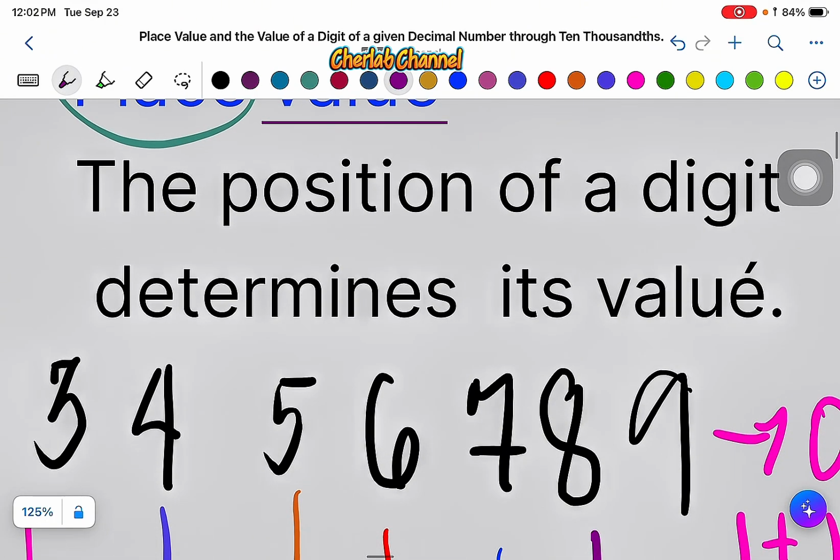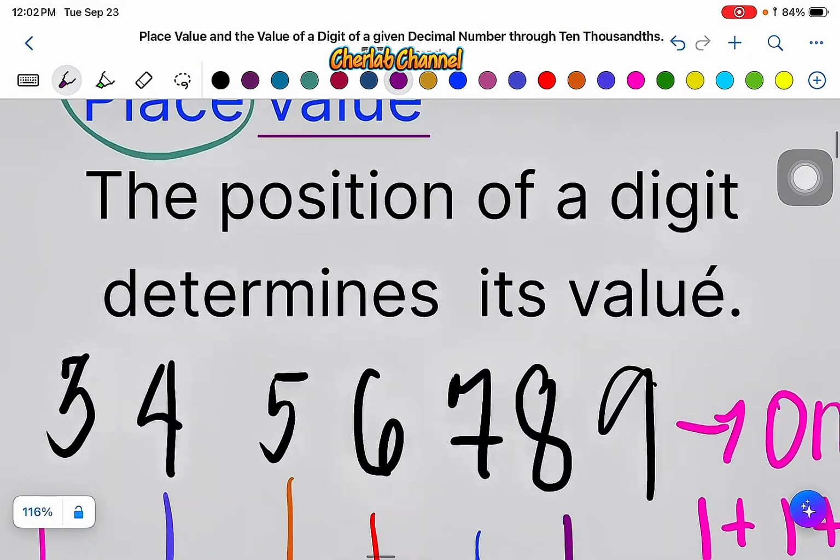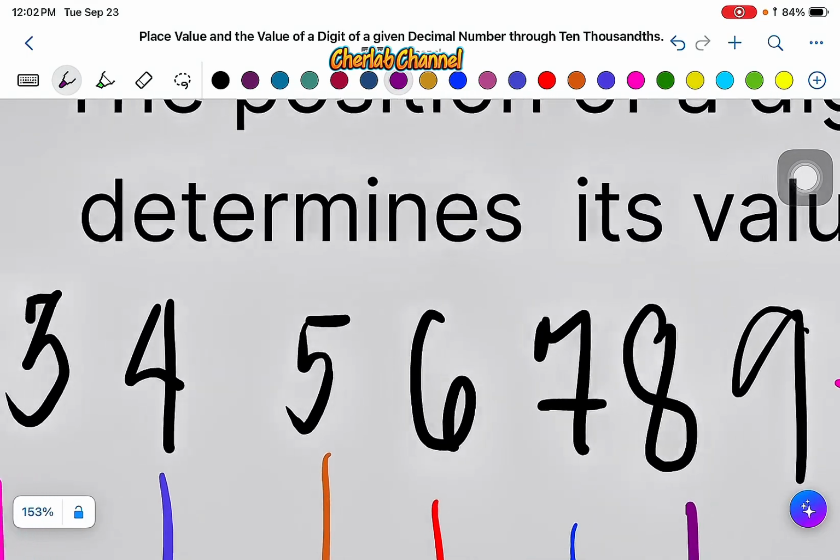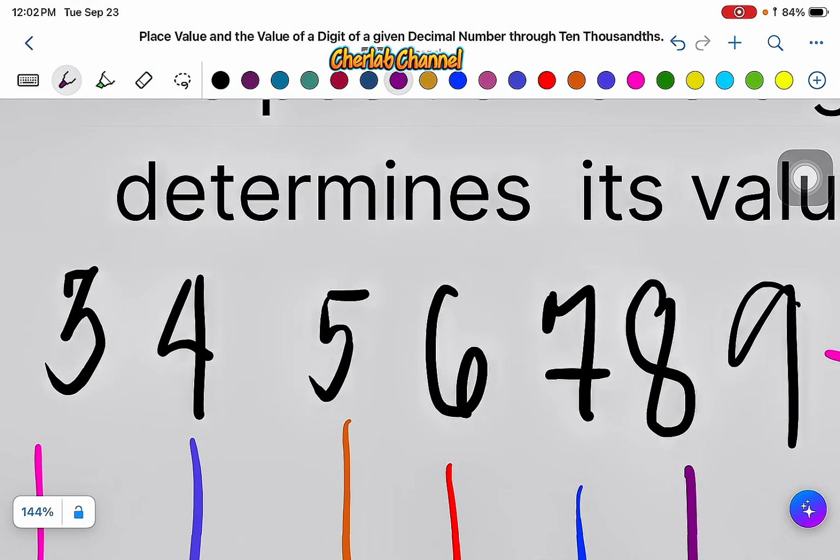Let's say we have 3, 4, 5, 6, 7, 8, 9. These are numbers. But using place value, we were able to read this as 3,456,789. Why?